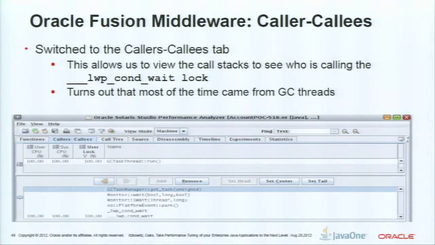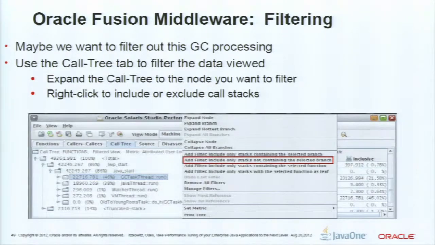Although we had 40% of our user lock time there, we still have a significant amount of user lock time that we're spending in other branches. So we're going to use the filtering mechanism that Marty talked about to look at the rest of that. In this case, we've gone into the call tree and highlighted the GC task.